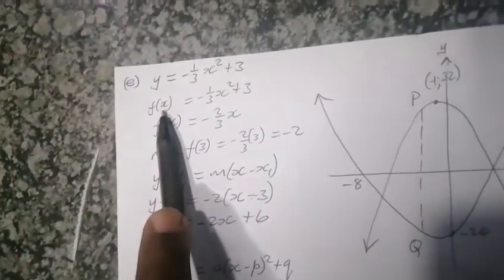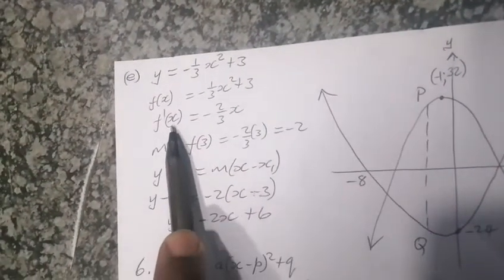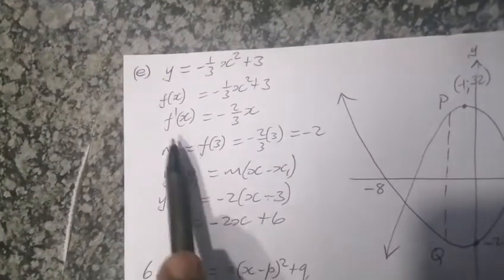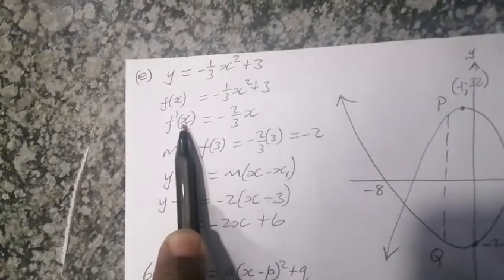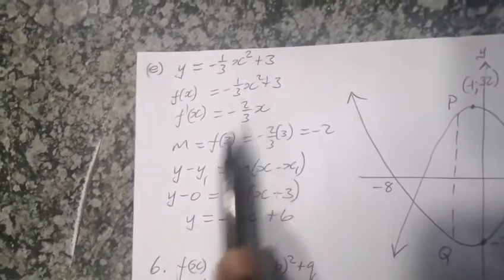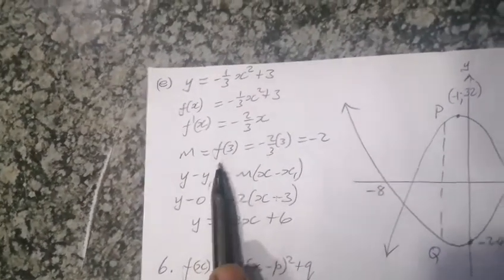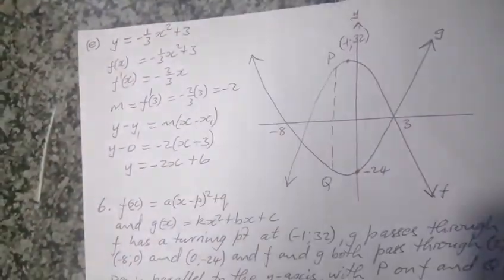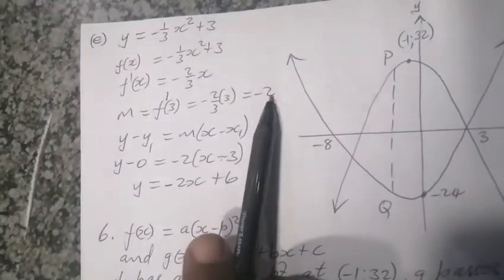Differentiating this, we end up with f dash is equal to minus 2/3 x. So the differentiation of the function is actually the gradient. Therefore, our gradient is equal to f dash of 3, which gives us a minus 2.